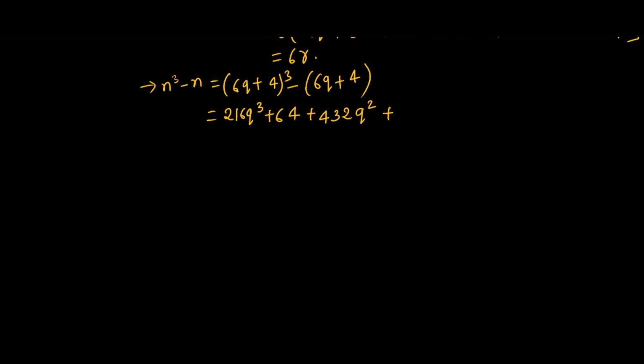So we will take it in a different way. So we can take 16 into 6. 16 into 6 is 96 into 3 is 288q minus 6q minus 4.